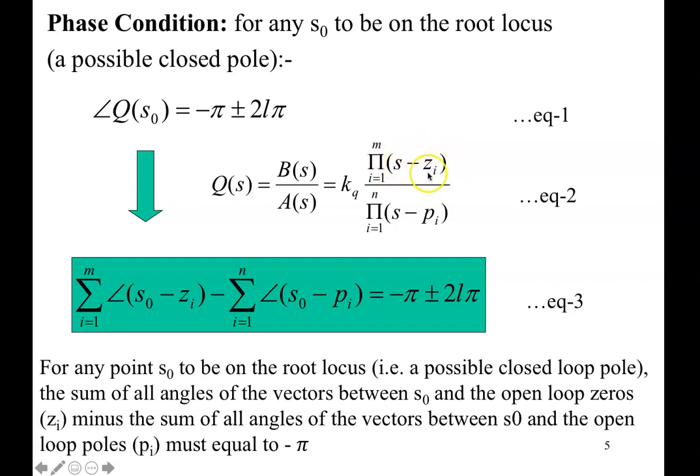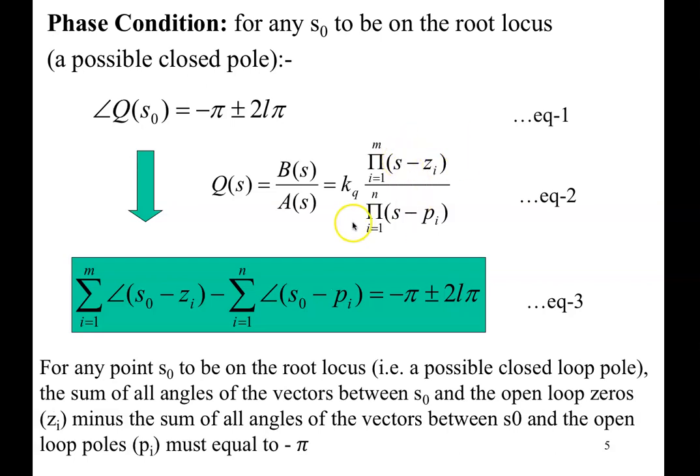So this is the subtraction of two complex numbers, which will give me another complex number. A complex number has a magnitude and phase angle, but I'm only interested in the phase angle.